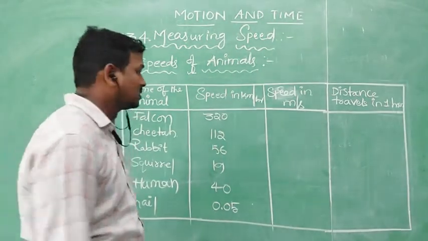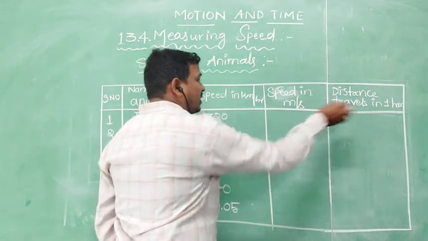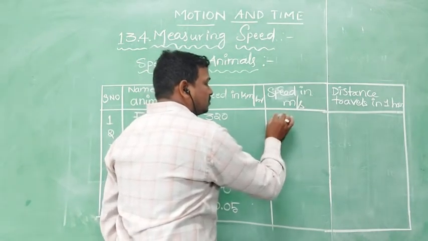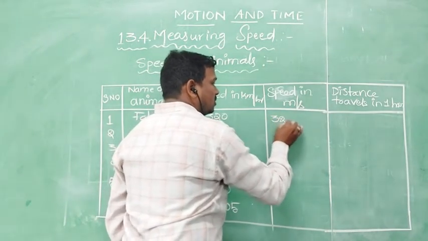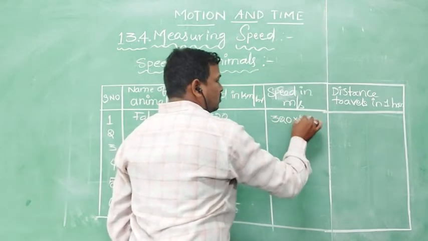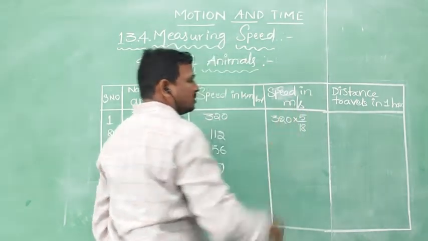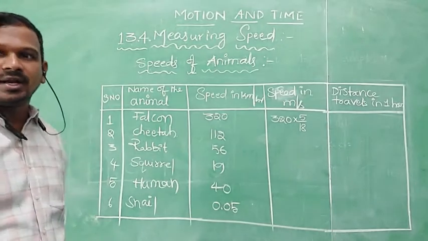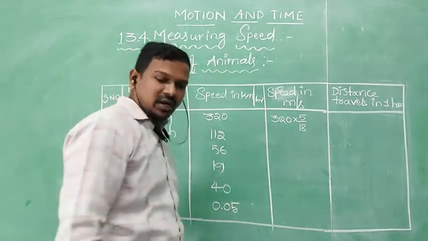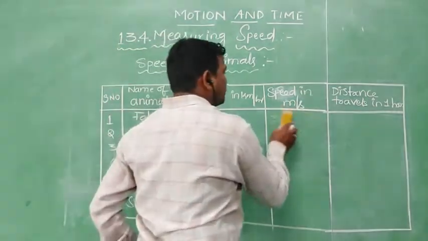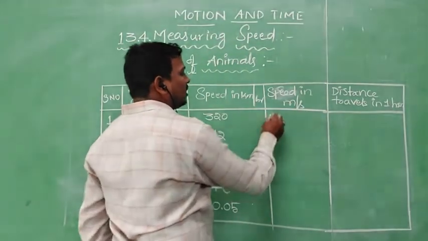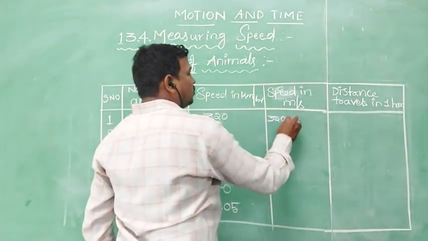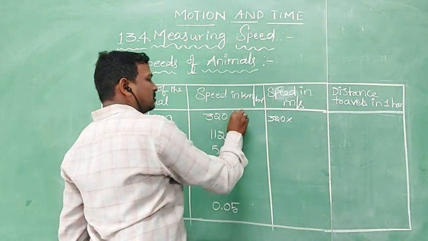As you know, we converted earlier: 320 into 5 by 18. We can write it in an easy way also, for simple understanding. 320 kilometer per hour.